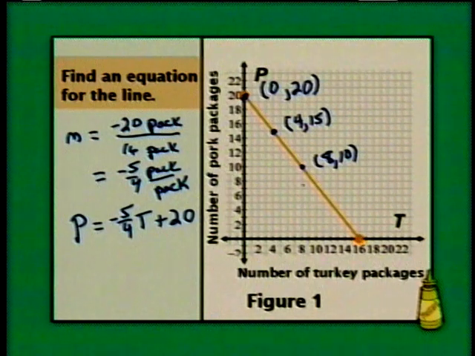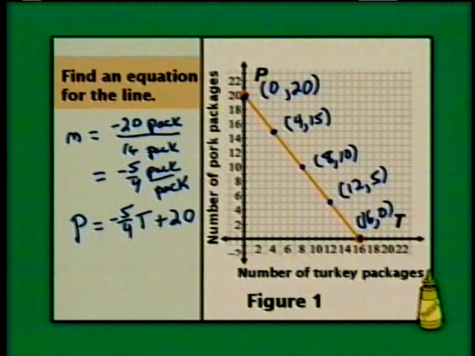If I go down 5/4, I land at the point (12, 5). And if I go down 5/4, I land at the point (16, 0). These are the only combinations of pork wieners and turkey wieners that Marge could purchase and use exactly $24.